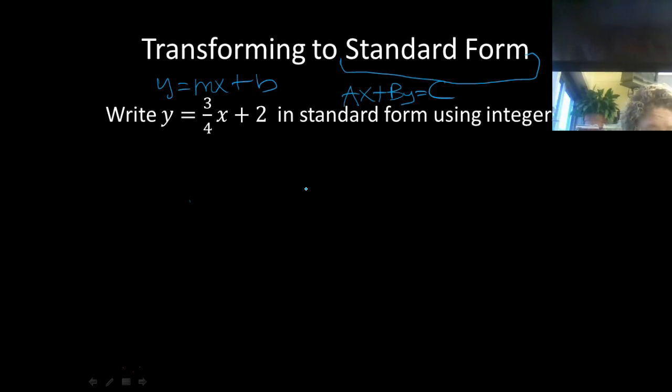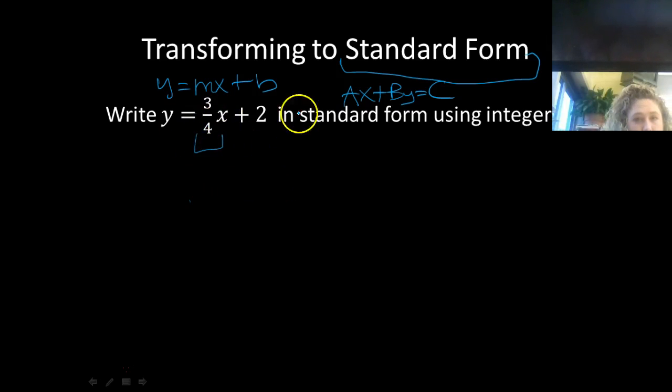When you change an equation from slope-intercept form to standard form, if the equation contains fractions or decimals, you need to multiply to write the equation using integers, so whole numbers, positive or negative, but you cannot have fractions and decimals.